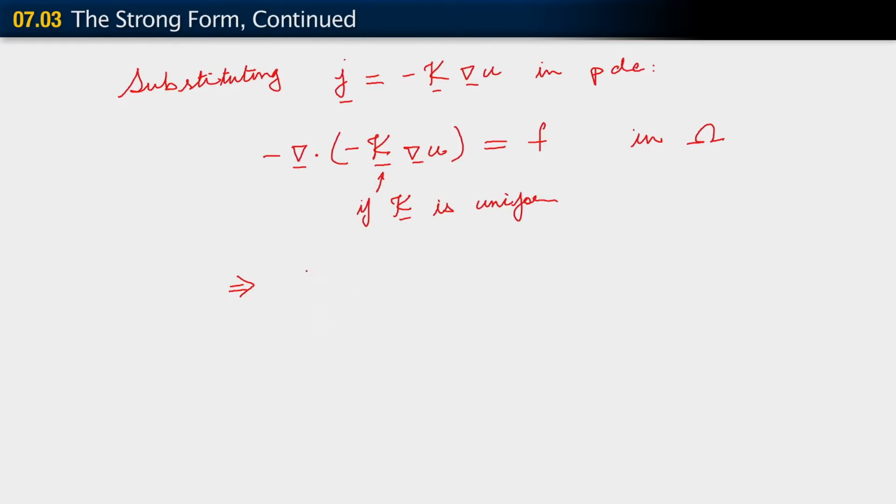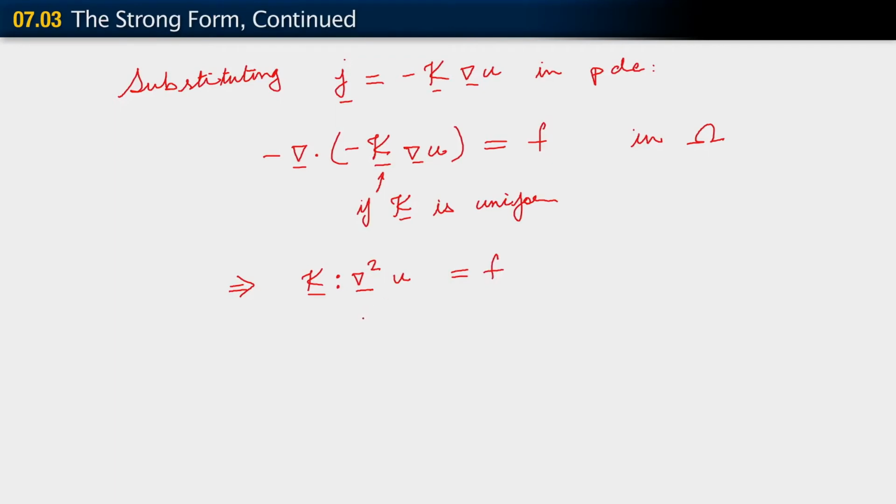If kappa is uniform, we get kappa contracted with the Hessian of U, and this equals F.